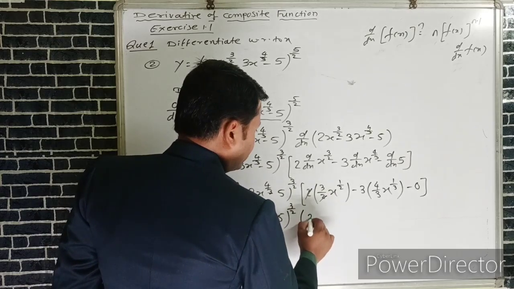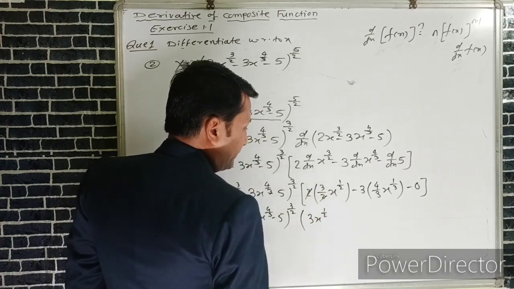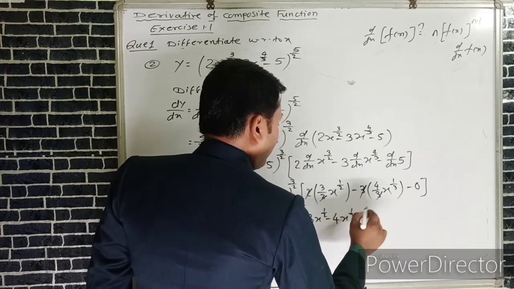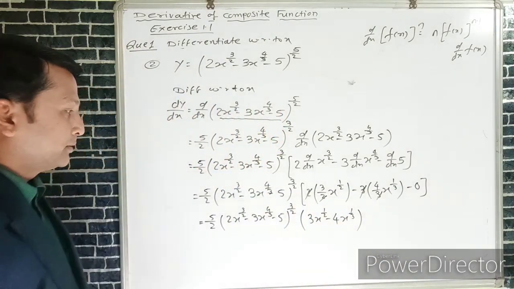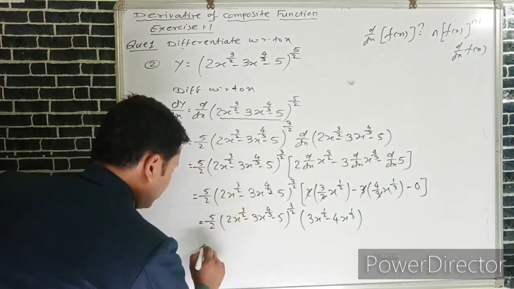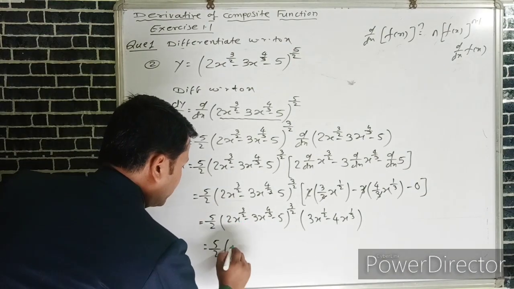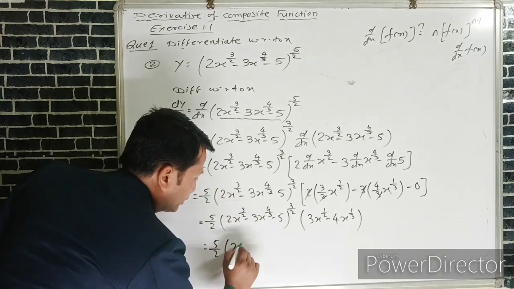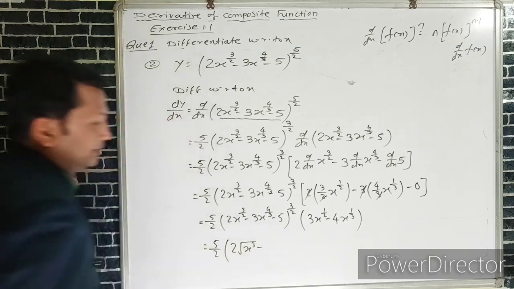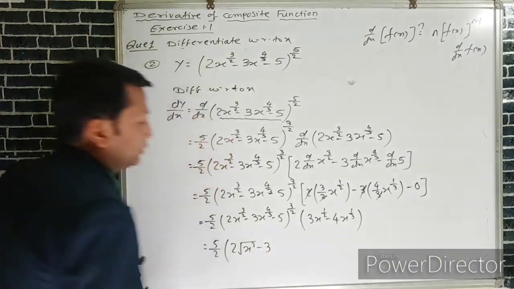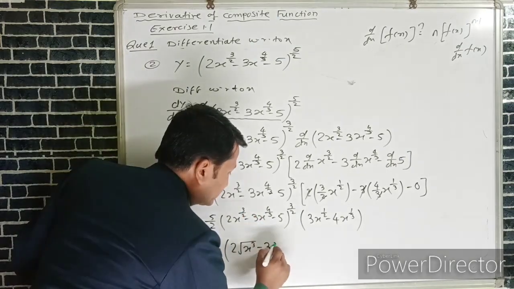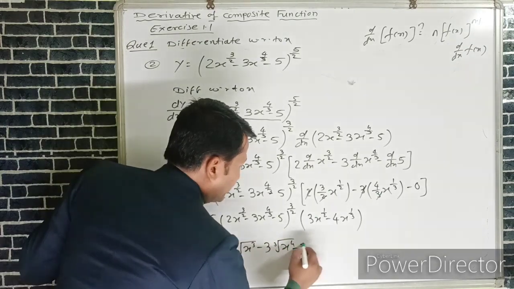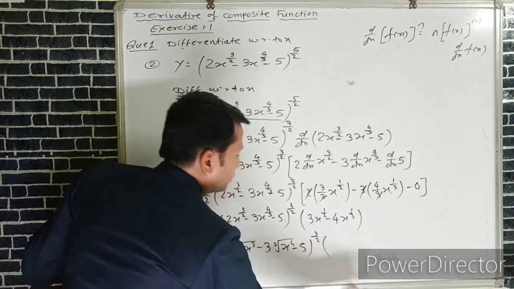We can write it 3 into x raised to the power 1 by 2, 3 cancels. Minus 4 into x raised to the power 1 by 3, minus 0, bracket complete. Also we can write 5 by 2 into 2x raised to the power 3 by 2, which is under root of x cube, minus 3 into x raised to the power 4 by 3, which is cube root of x raised to the power 4, minus 5 whole raised to the power 3 by 2.